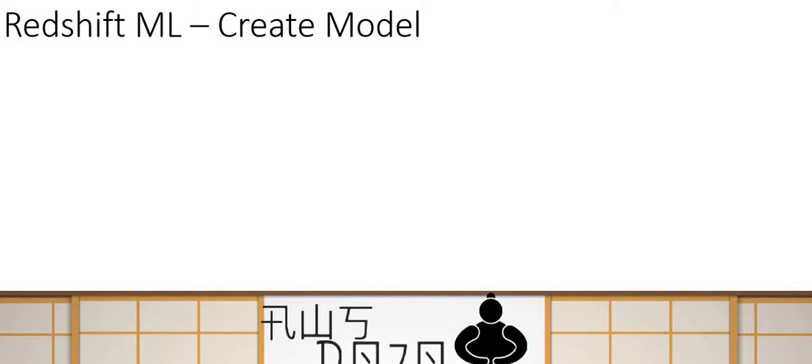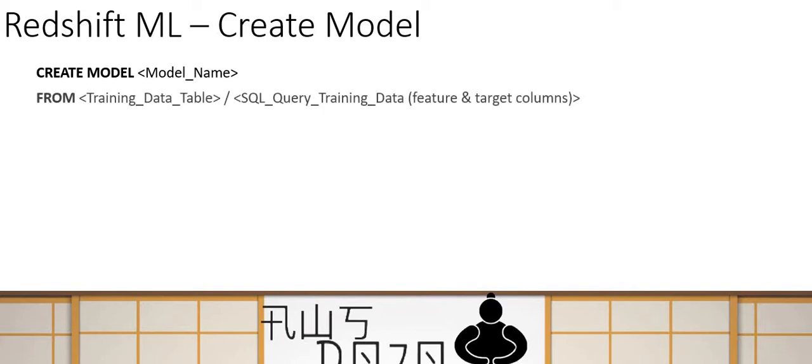In order to create the model, you run a SQL statement in Redshift. The first statement is called create model, and then you give a model name. Very simple. Create model, give a model name. Then you say where your training data is coming from. If you are keeping your training data and test data in separate tables, then you can simply provide your training data table name here.